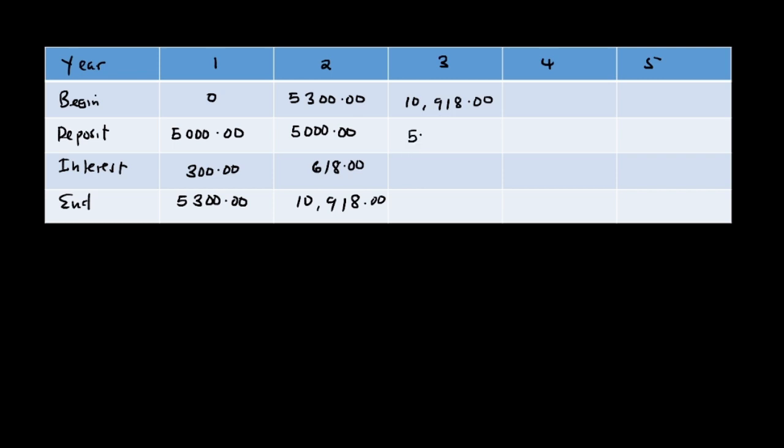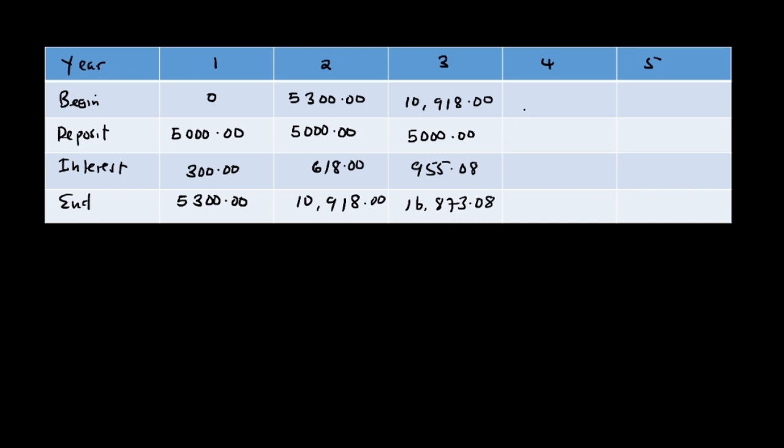Then you deposit your 5,000, which will be 15,918. The interest of that one will be 955.08. Meaning at the end of the third year, you're going to have 16,873.08.